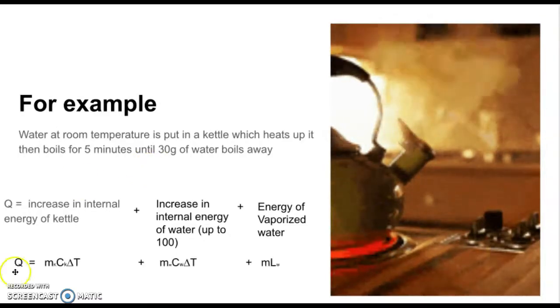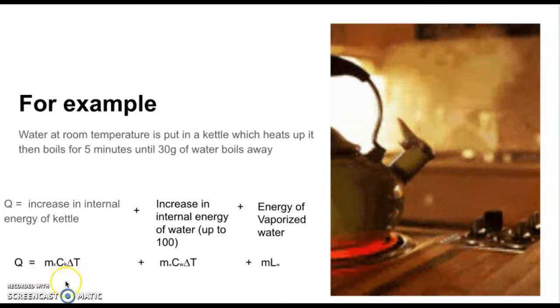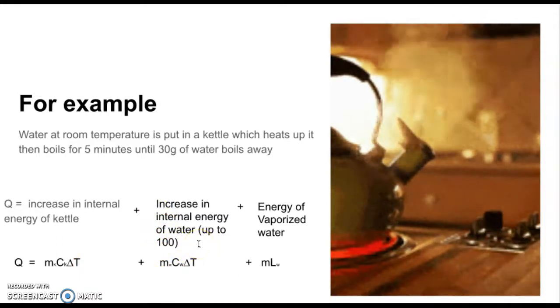So you can see here, the heat energy coming in joules would be equal to mc delta T for the kettle. So you'd have to use the mass of the kettle, the specific heat capacity of the kettle, and the change in temperature of the kettle from room temperature to whatever temperature it gets up to, plus the mass, the specific heat capacity, and the change in temperature of the water up to 100 degrees.